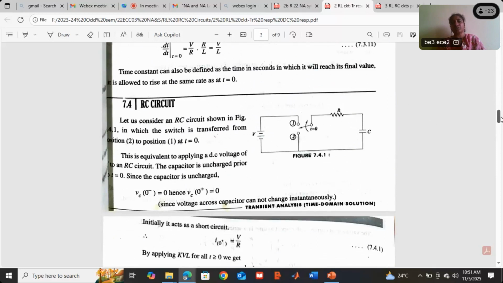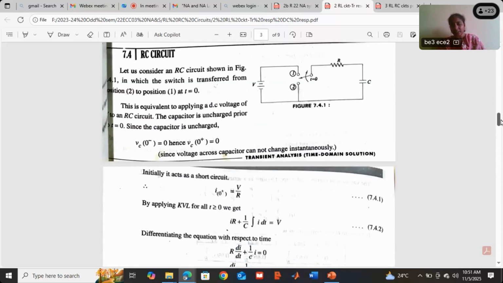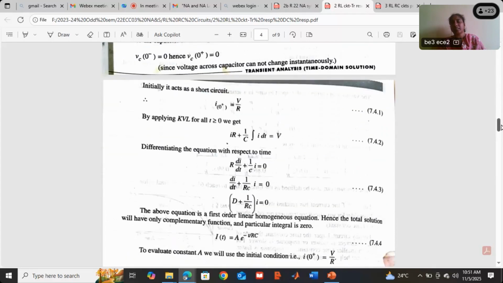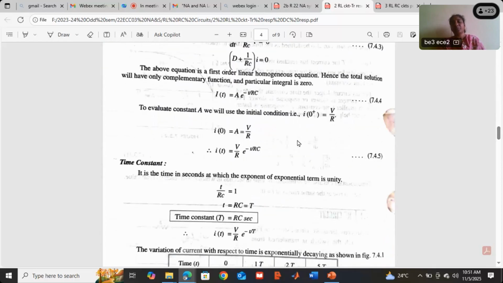In the RC circuit, you can see here, this is RC. Take the initial conditions and then write the KVL equation. This is the KVL equation, and substitute all the initial conditions. You will get the current equation, a decreasing graph: V by R into e power minus t by RC. RL circuit means current increasing, RC circuit means current is decreasing.